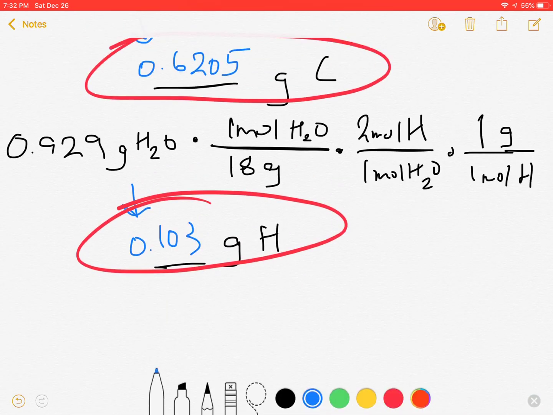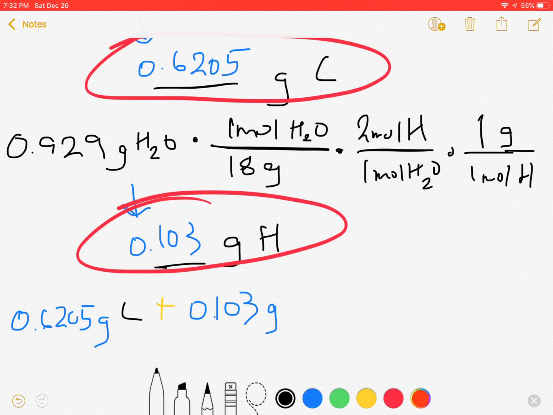So we know that there are 0.6205 grams of carbon plus 0.103 grams of hydrogen. And now what we need to do is get grams of oxygen.